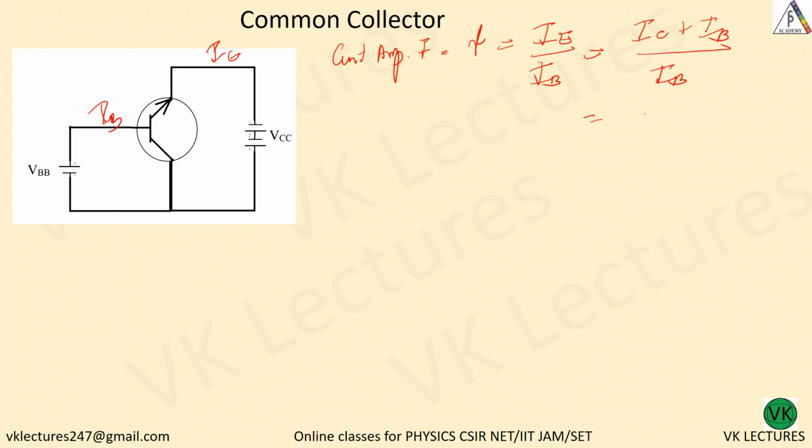Now I can write it as IC by IB plus IB by IB, which is equal to 1. Now what is this IC by IB? It is the current amplification in common emitter, that is nothing but beta. So beta plus 1.